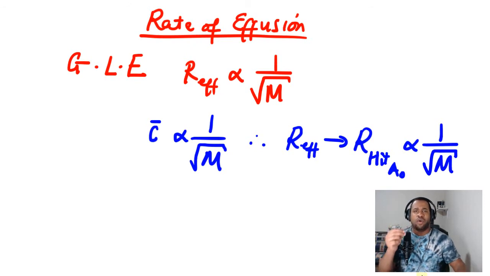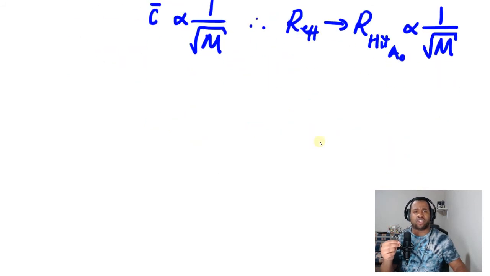Once you have these conditions, you ask yourself how we are going to create a goal to determine the specific relationship, which means deriving a formula that determines the rate of effusion.